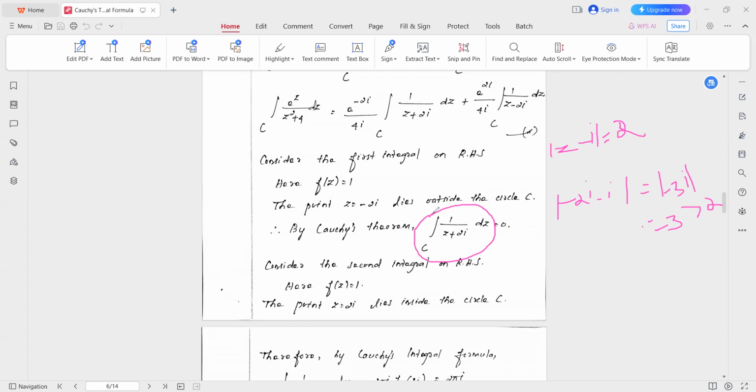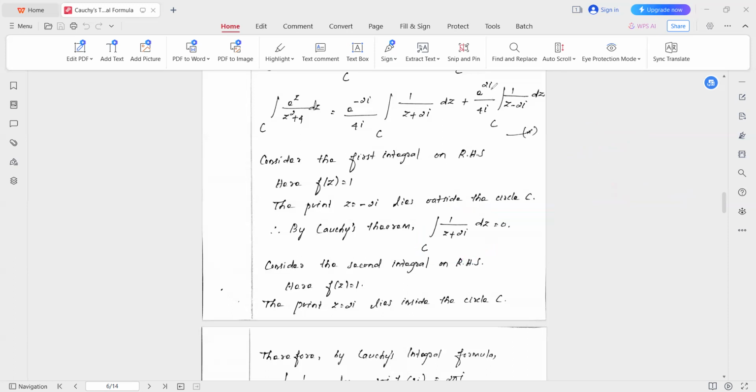Because the point where analyticity fails lies outside the circle, and we are taking the integral over the circle C. If the point lies outside, we don't need to bother about that point, isn't it? At all points inside the circle, the function is analytic. Therefore, by Cauchy's theorem, the integral value is 0. So the first integral will become 0.